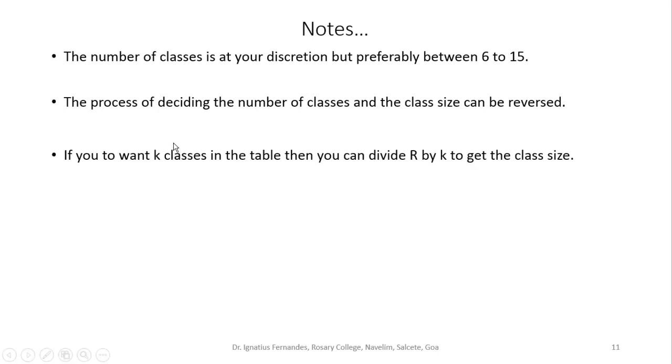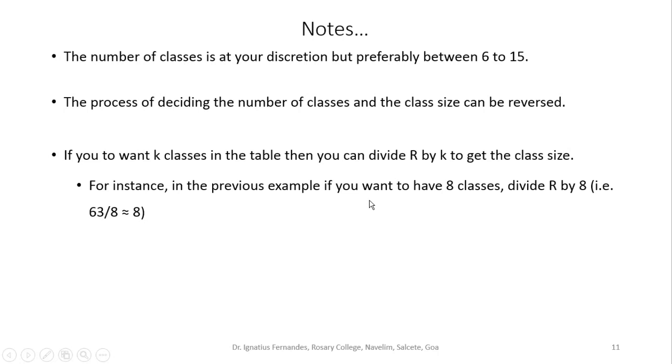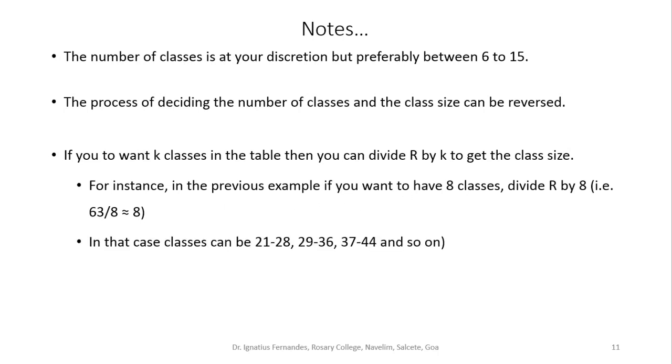So in general, if I want k classes, then you have to divide the range by k, and then accordingly you'll get the class size. In this case, instead of 10 as the class size, if you want say 8 classes, you have to divide the range by 8. So this process can always be reversed.